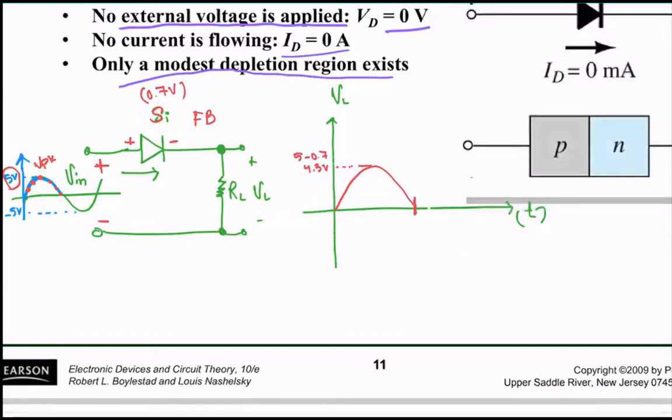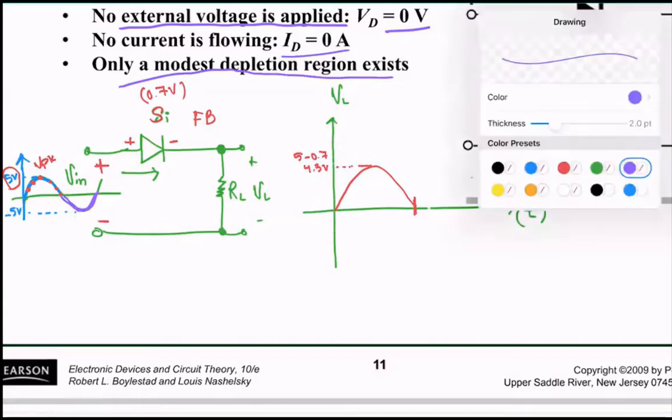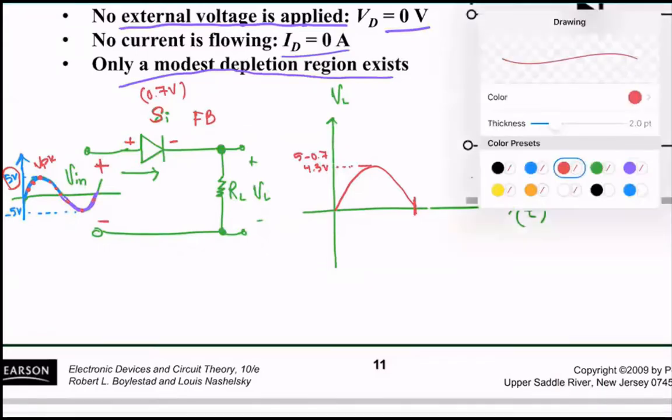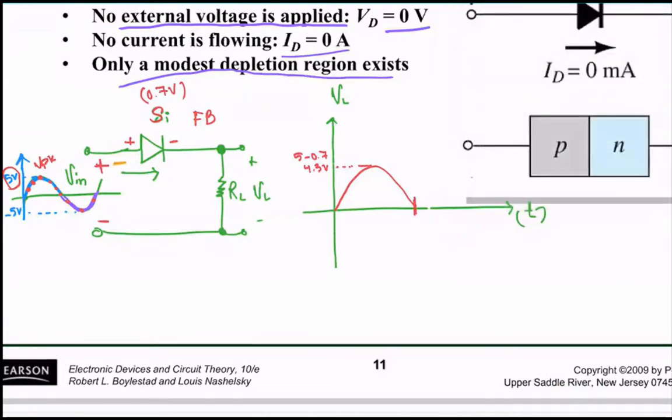Now, what happens to this part of the input signal? In the negative half wave, all these values are negative. So I'll have a negative number here, negative here, negative here, which means the polarities change. I would have negative here and positive here. When a negative terminal is connected to the positive terminal of the diode, which region does it work in?